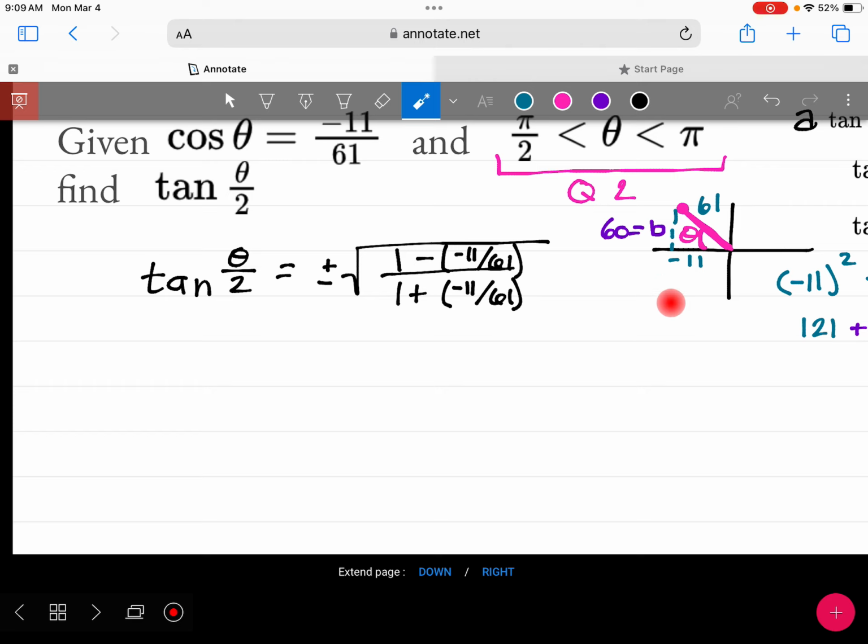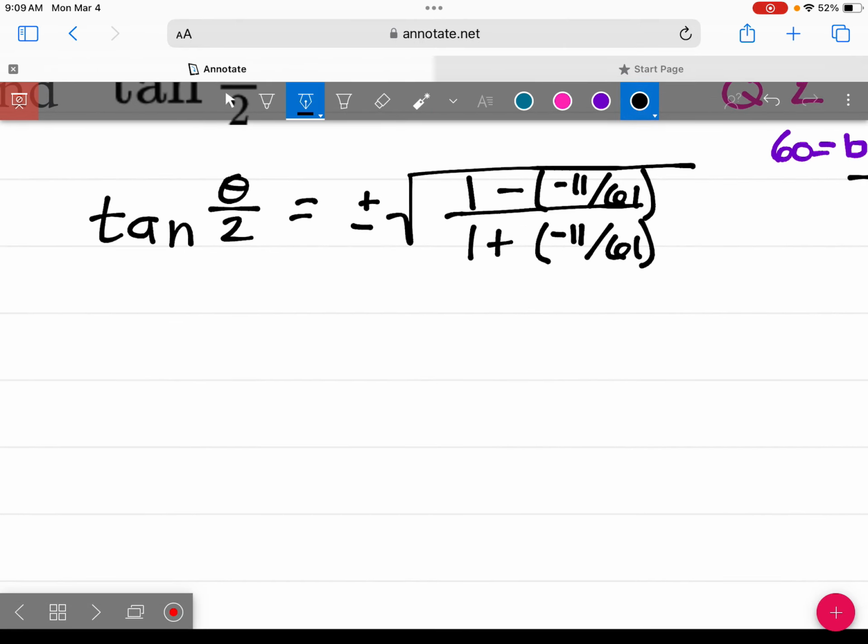In quadrant 3, sine and cosine are both negative, so tangent's negative. Quadrant 2 and quadrant 4, tangent's going to be negative. It's been a minute since we talked about that. So I'm going to come down here, and I'm going to make these be less gross. So we know we're going to have negative square root.